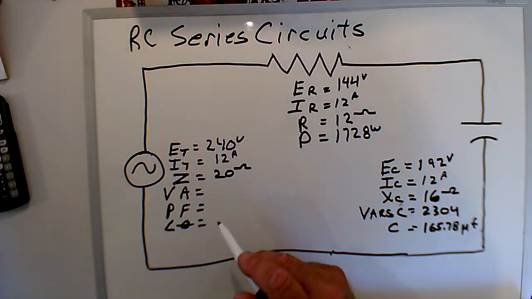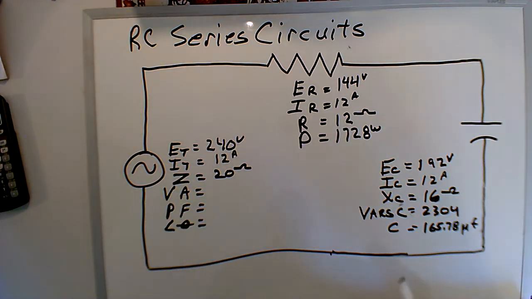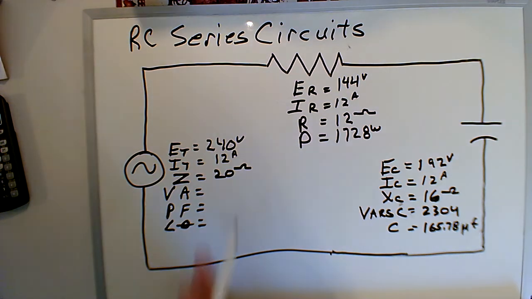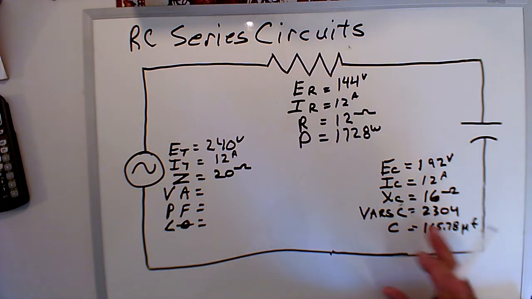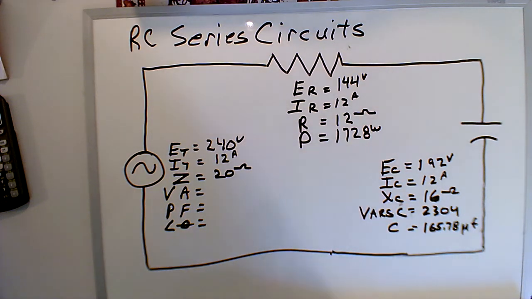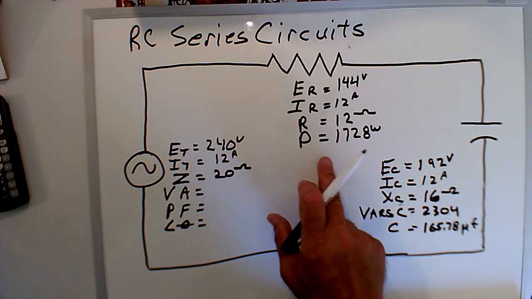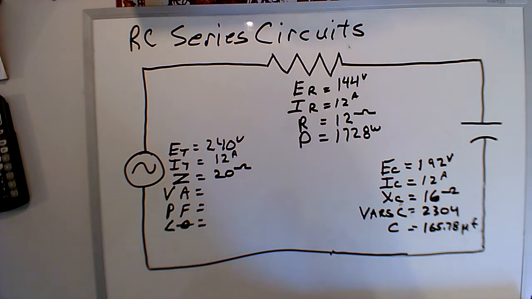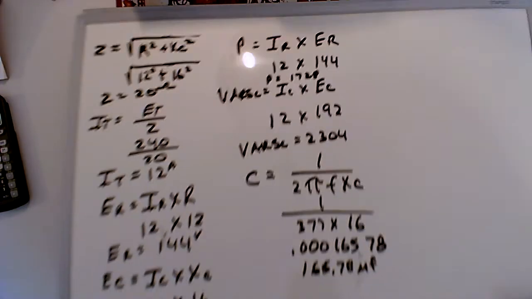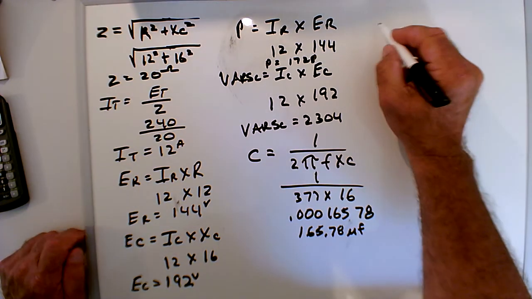And now back over to the other side. I can solve for the VA by multiplying the I times the E, or I could use another formula for VA using the P and the VARS C. I shouldn't have said multiply.